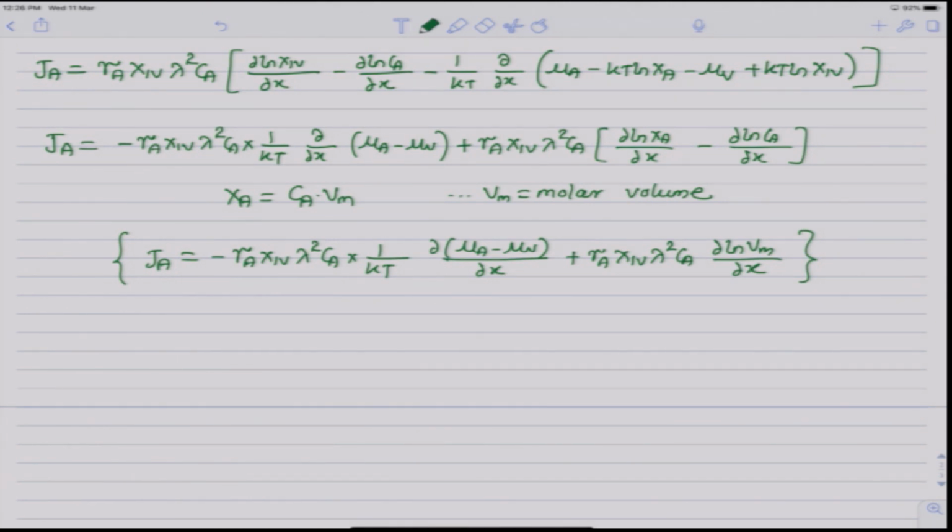You can see there are three contributions here. One is from the chemical potential gradient of A, also the chemical potential gradient of vacancy, and also from the change in molar volume with X. The molar volume will change with X if the molar volume is a function of composition, because the composition is changing with X. So the first two terms here are basically the Fickian flux, the flux because of the chemical potential gradients, and the third term here is the drift term associated with the change in molar volume.